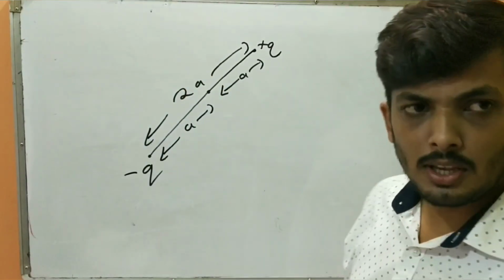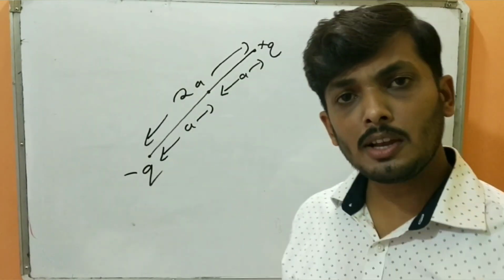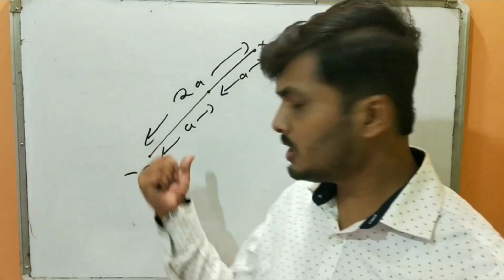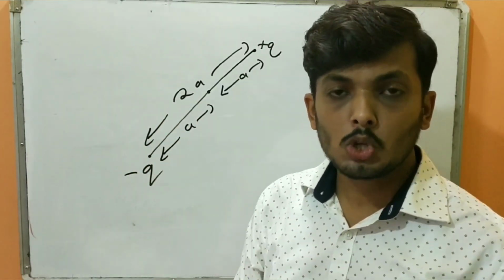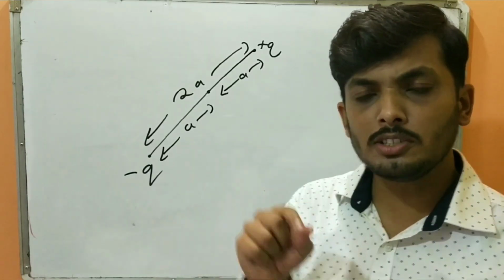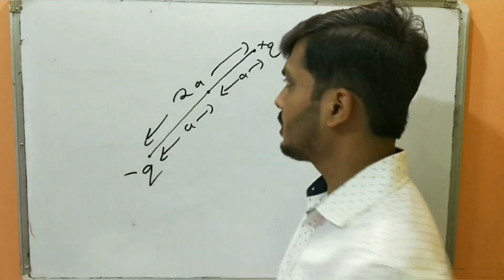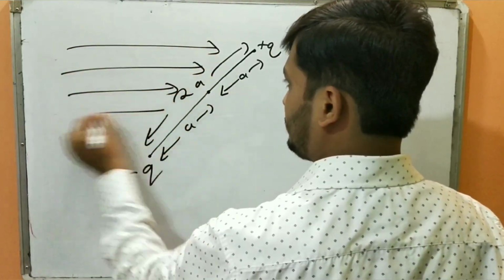Now what is happening here is we are taking the help of an external electric field. So a third player is coming into play here, and that third player will exert force on this, and as a result the dipole will experience rotational motion. So we are going to find the torque experienced by the dipole when that dipole is placed in an external electric field. Suppose an external electric field is coming in this direction.